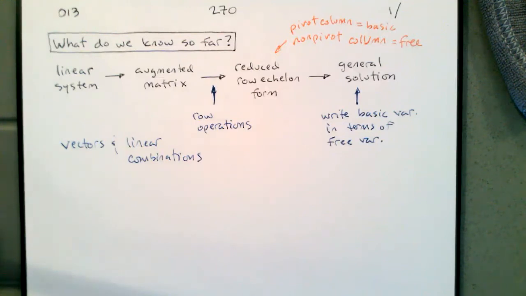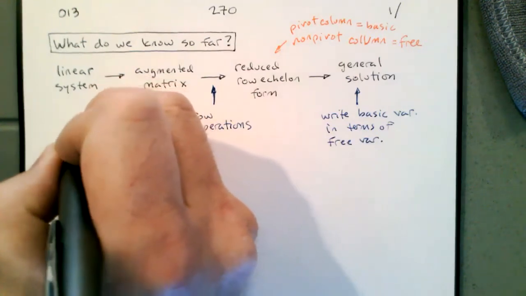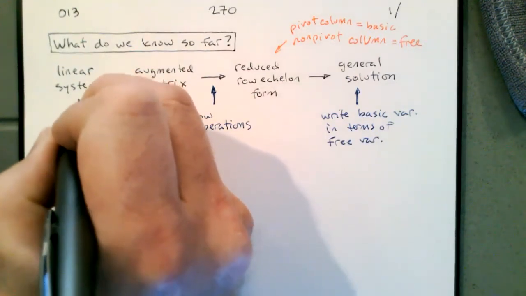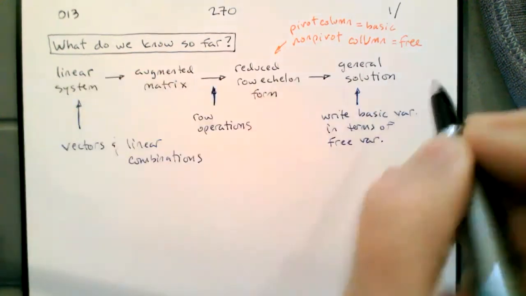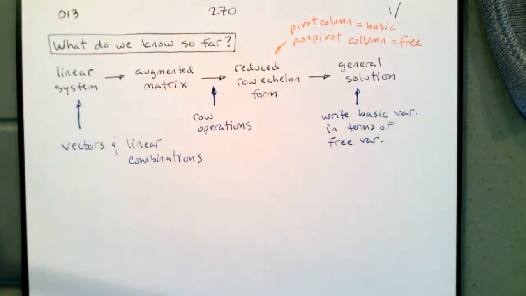We want to take what we already have and start looking at it through the lens of vectors and linear combinations. And then we're going to track that up into a linear system. And then we're off to what we already know how to do.